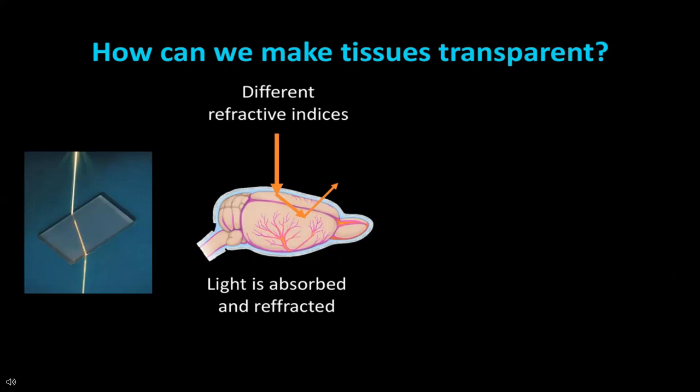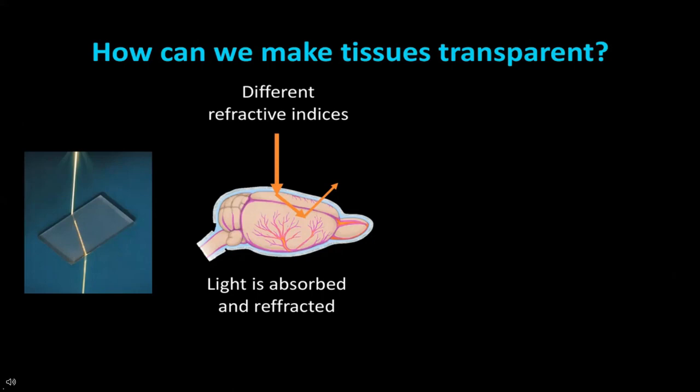So this is the same thing that is happening in our tissues. This is because of the differences in the refractive indices. So light is both absorbed and it is also refracted.